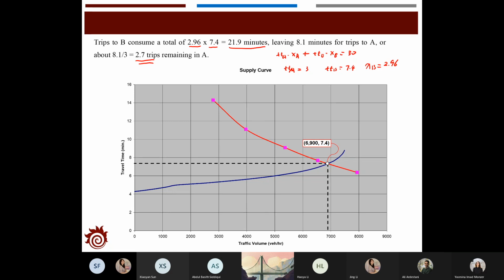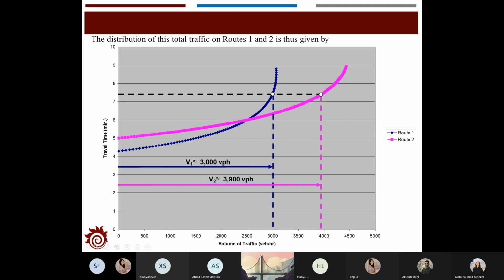And we still have the problem about what's the volumes in route 1 and route 2. To do that, that will be pretty simple. We will go back to the supply function, especially the original supply function about the travel time with respect to the volume for route 1 and route 2 independently.